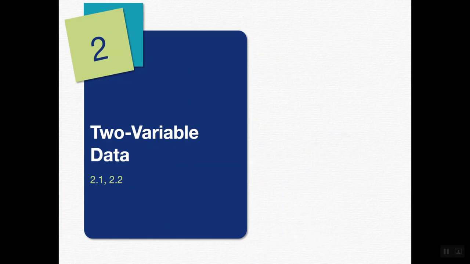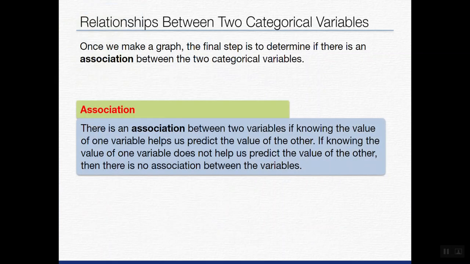The second unit we learned about in the first semester was two variable data sets. Remember that the point of comparing two different variables is to see if there is an association. There is not always an association.